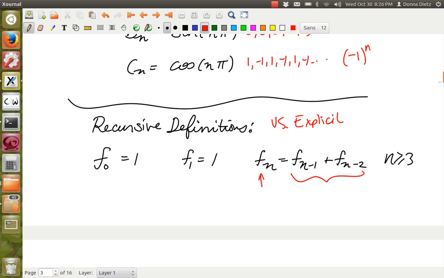The question is what's on the right-hand side. Is it just n, or is it previous f of n's like that? If it's just n's and numbers and things, this would be explicit, but if it's got these guys in it, then it would be recursive.